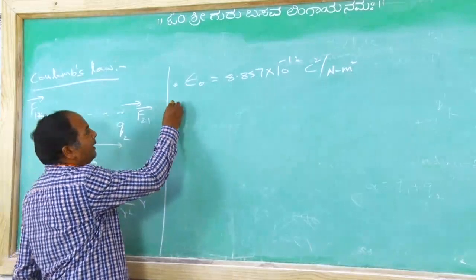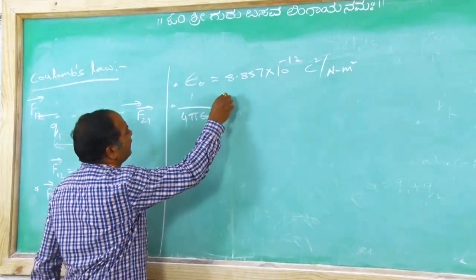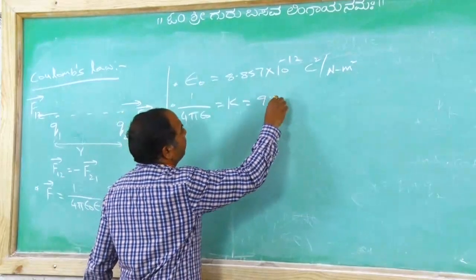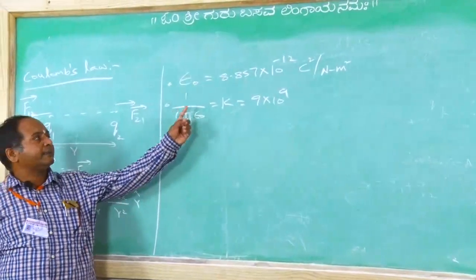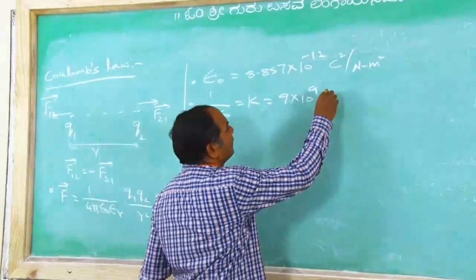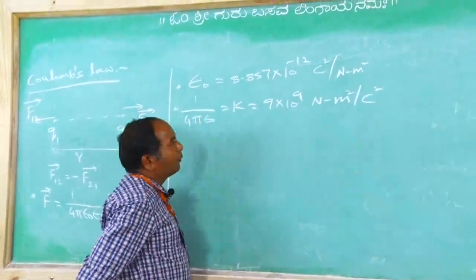Similarly, the other one, 1 by 4 pi epsilon naught, which is generally used as K, is 9 into 10 power 9. Since epsilon naught comes into the denominator, the unit is reversed, and it may be written as Newton meter square per Coulomb square.